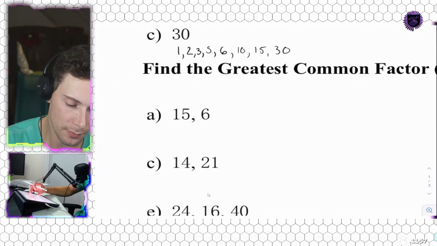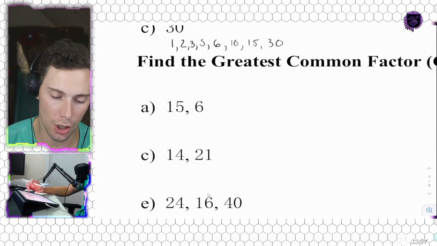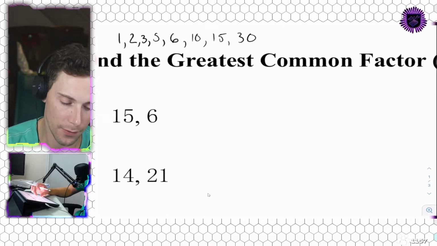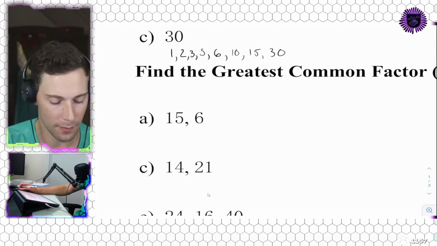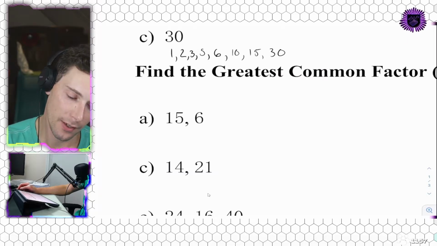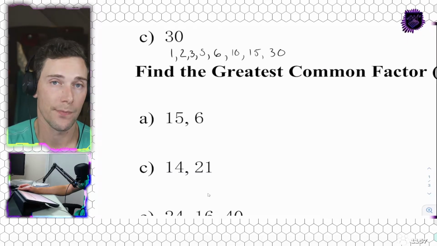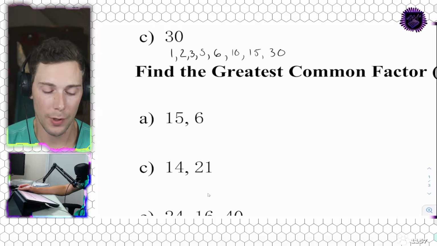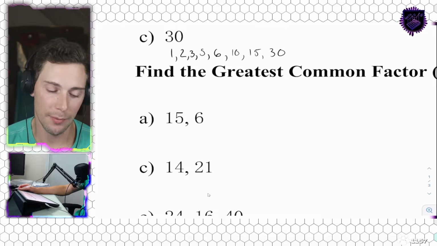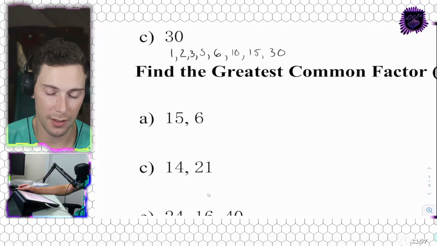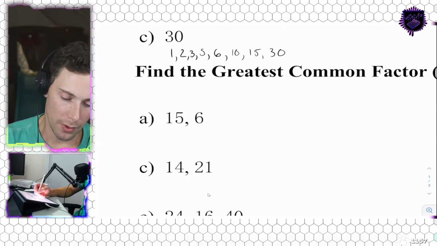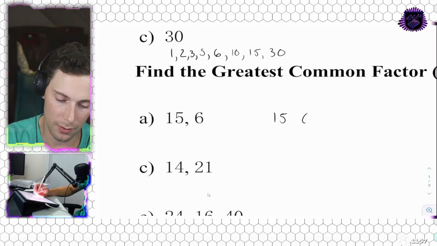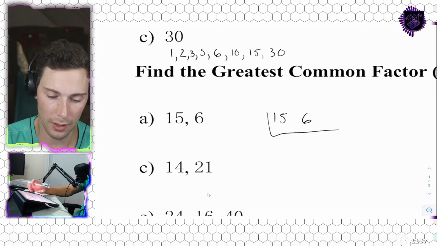All right, so find the greatest common factor for the two, 15 and 6. The greatest common factor is the biggest number that goes into both of these numbers. So let's write 15 and 6, and we'll do the ladder technique.